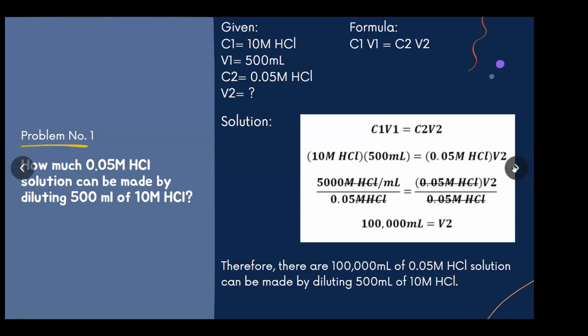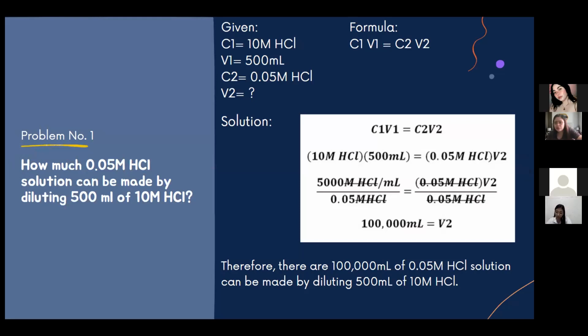Let's check problem number 1 if tama ang inyong gibuhat. Class, this is concentration and dilution. But for number 1, this is a dilution problem. How will you know? Kasi sa dilution problem, you will have most likely either 2 concentrations and 2 volumes, pero pwedeng missing ang isa, kaya nga hahanapin natin siya.